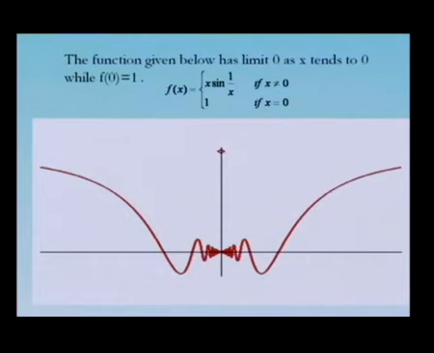See, when x is reaching 0, f is also reaching 0. You can see either from left hand side or from the right hand side. That is, from both sides, when x is reaching 0, f is reaching the unique number 0. So f has limit 0 as x tends to 0.